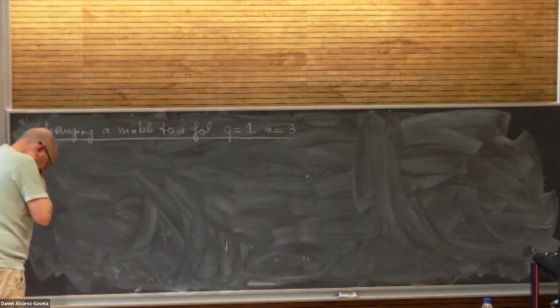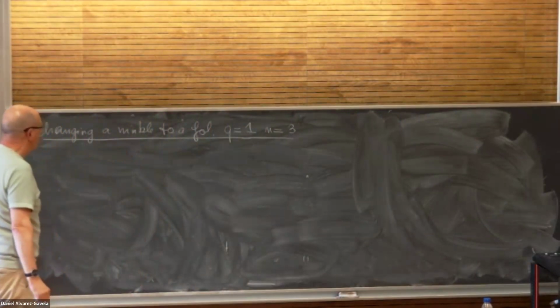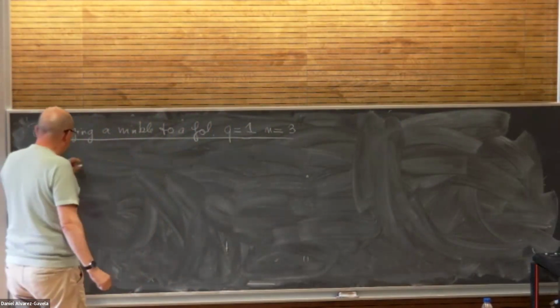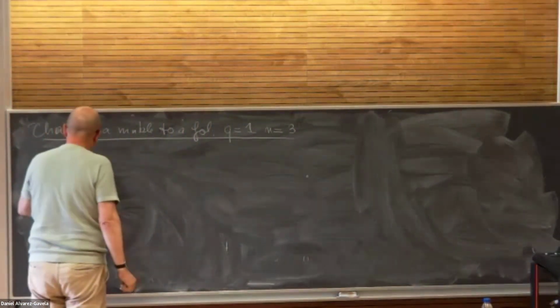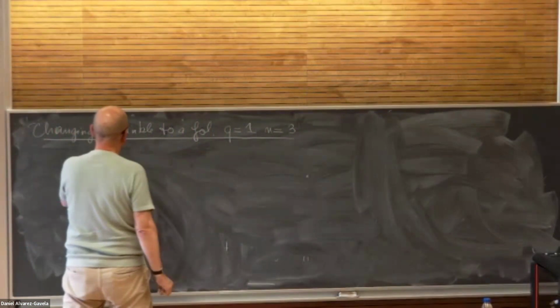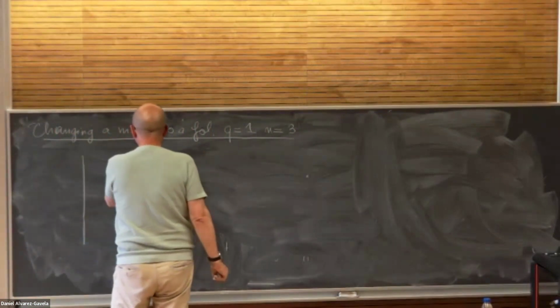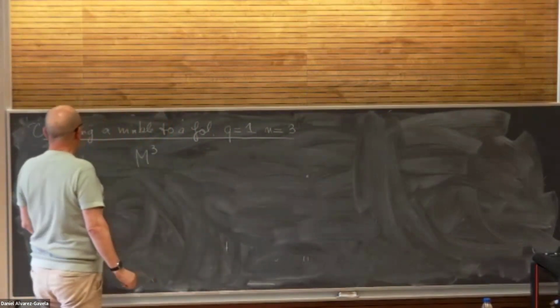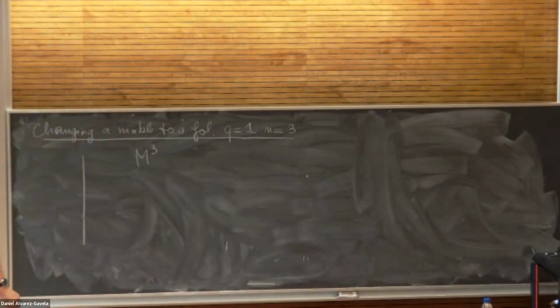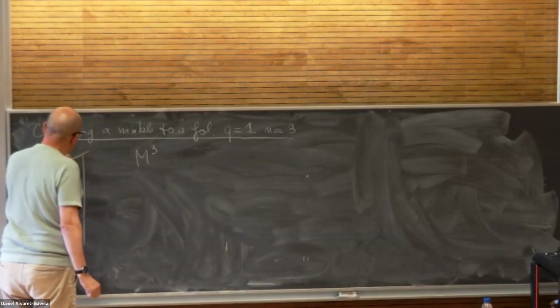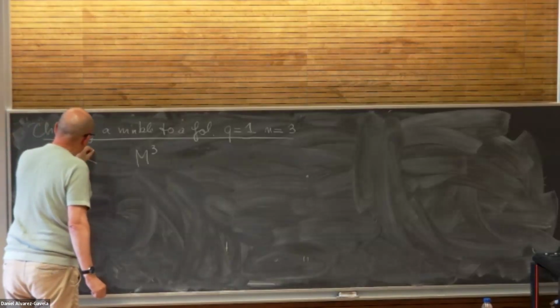So we are given a wrinkle on a 3-manifold. It may be open, but anyway, everything will happen in a small neighborhood of the wrinkle.